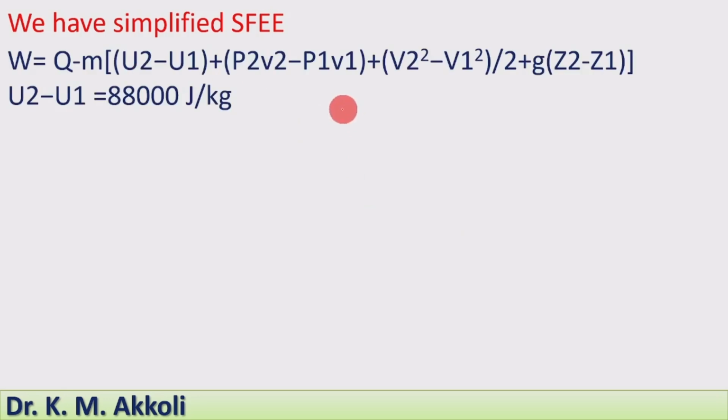First we have the simplified steady flow energy equation. As we know, the steady flow energy equation is the sum of internal energy, flow work, kinetic energy and potential energy, plus Q, is equal to the same terms at the outlet plus W. And it can be simplified for the power required, that is the work required. Here the Q we are going to take.